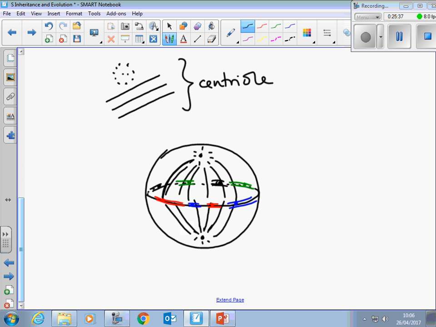Because what's going to happen is that these are going to be split apart, so that the pairs of chromatids will become chromosomes again, and you'll just get a full set being taken to each end. They don't hang around in pairs. They do in meiosis, you'll see why, but in mitosis they don't.